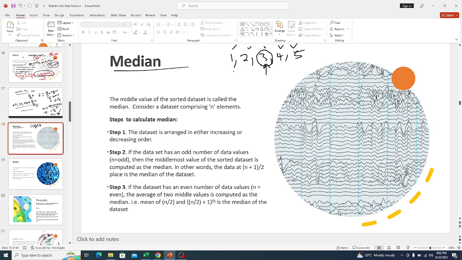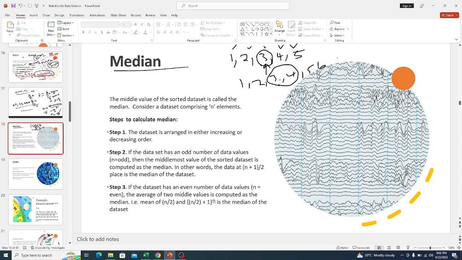But what if we have an even count of values? Let's assume we have 1, 2, 3, 4, 5, and 6. In this case, we usually take the middle two values, add them and divide by 2.